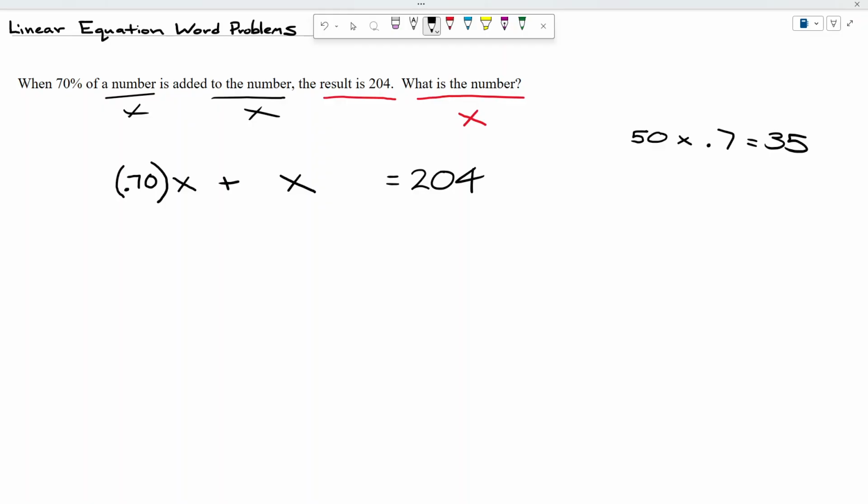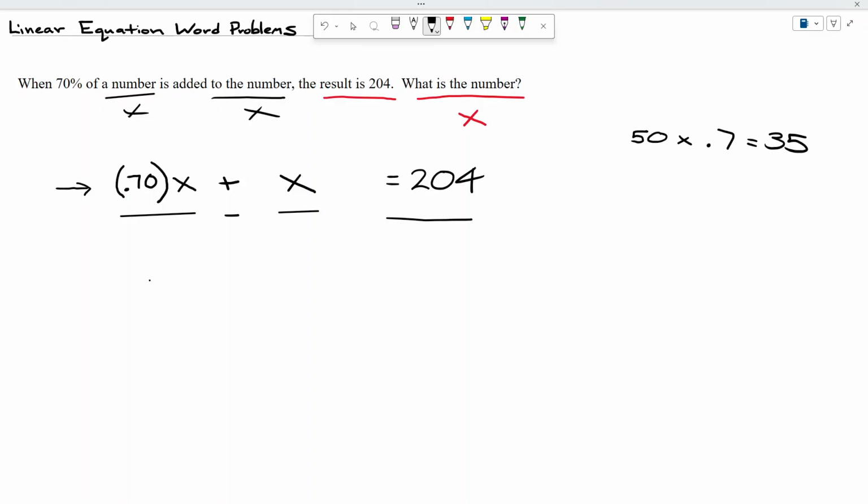All right, so let's go back in, let's check our equation. Let's see if it matches up with what they're asking. So they're saying when 70% of a number, which is what we have here, is added to this number, the result is 204. So it looks like everything matches up with what the problem is asking.